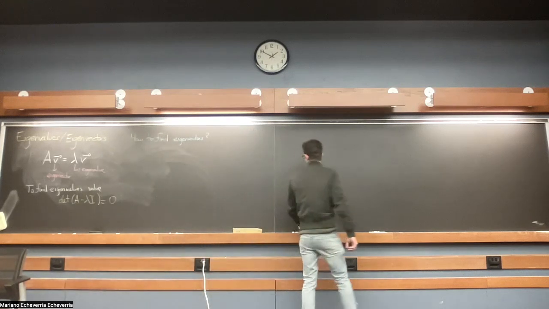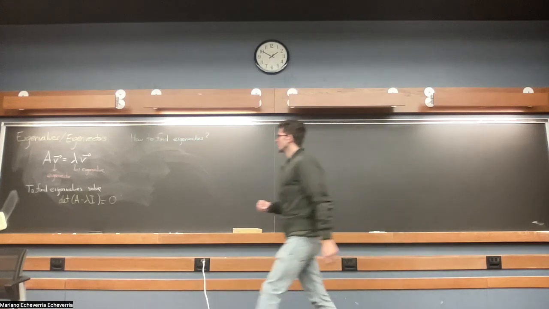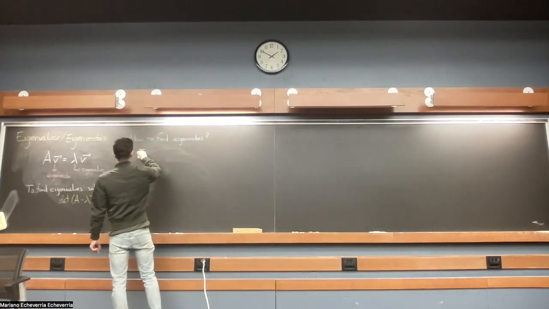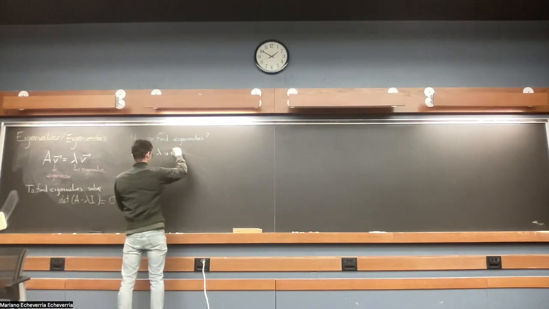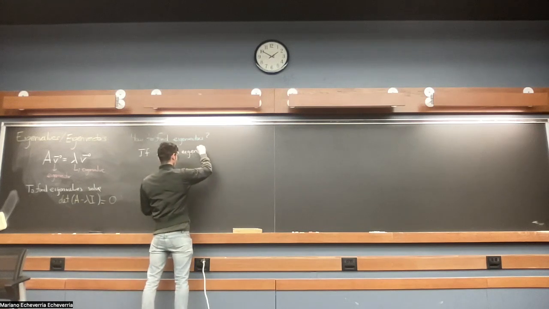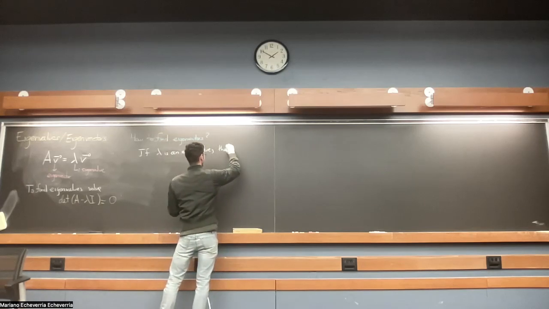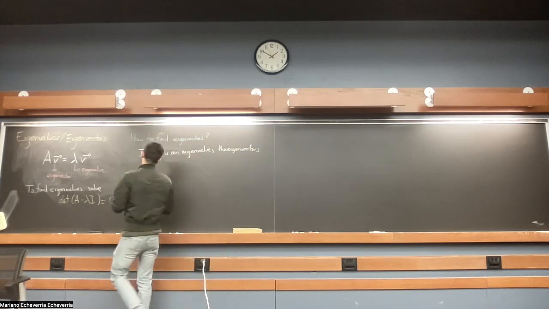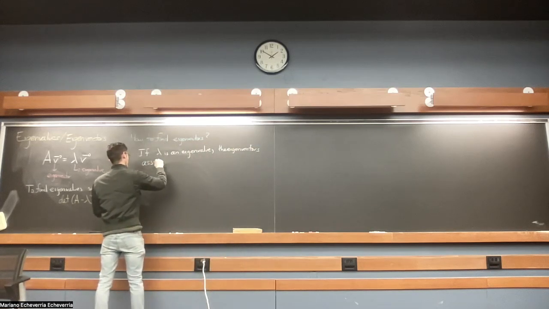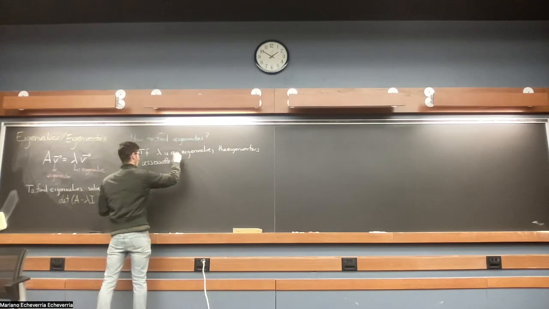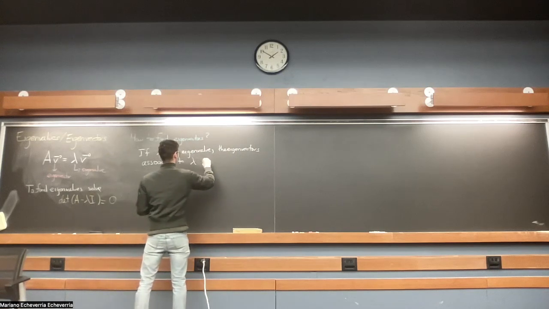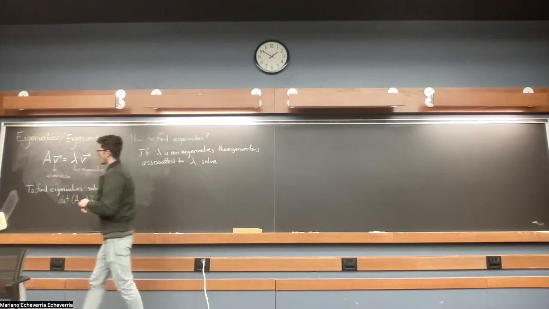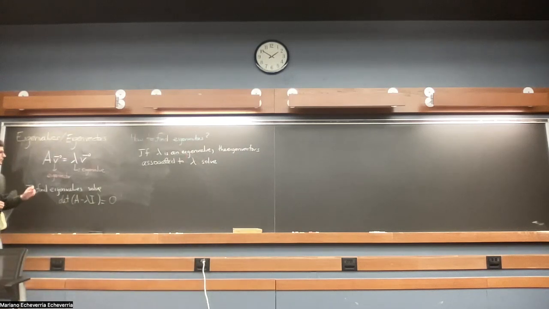Okay. And the idea is that essentially, if lambda is an eigenvalue, the eigenvectors associated to lambda, it's basically what we had.